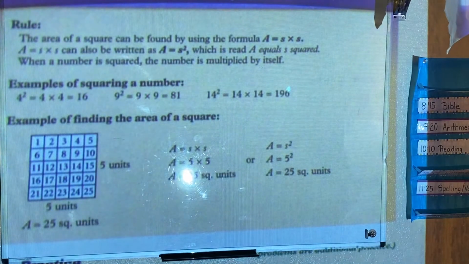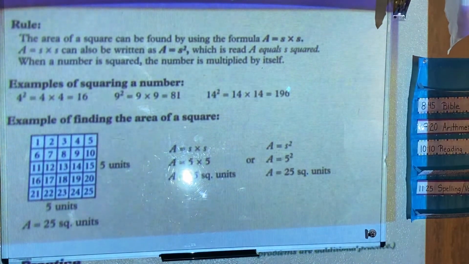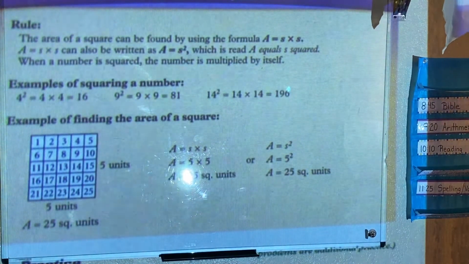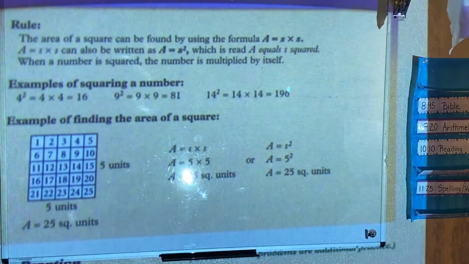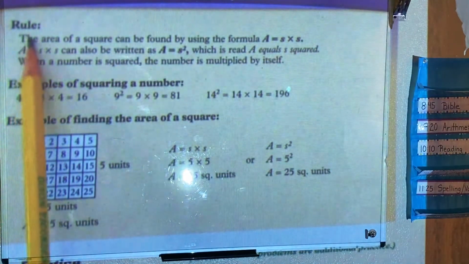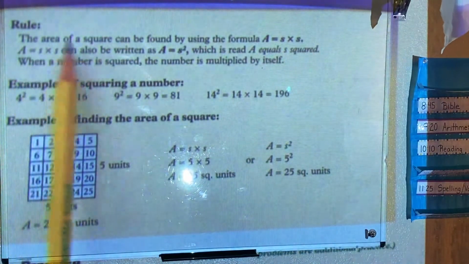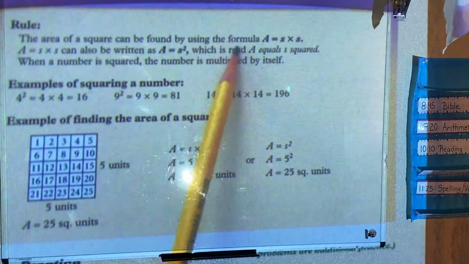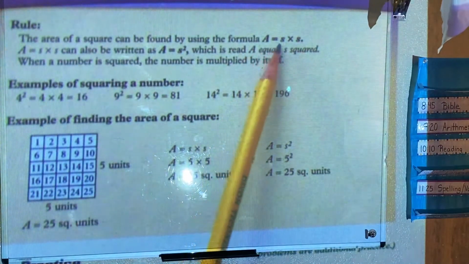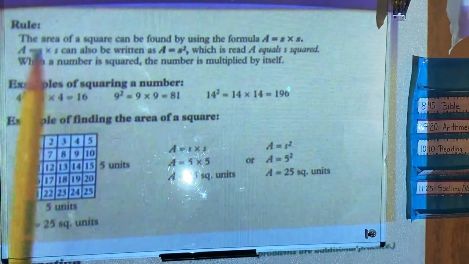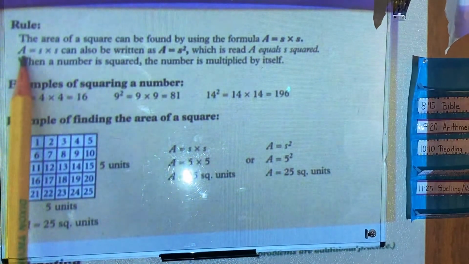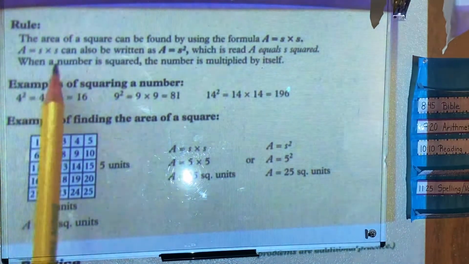If you look at your worksheet, go ahead and grab that. It tells you the rule of how to calculate the area of a square. The area of a square can be found by using the formula A equals S times S, which is area equals side by side.